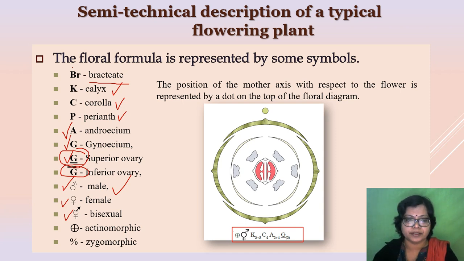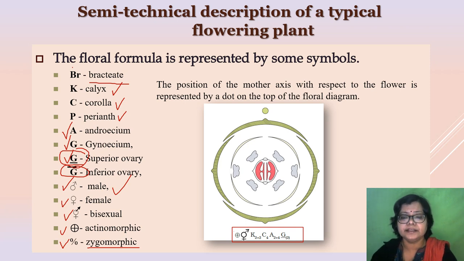So that is the difference between actinomorphic and zygomorphic. We already learned this in our previous to previous video. For representing actinomorphic we use this symbol, and for representing zygomorphic we use this symbol.